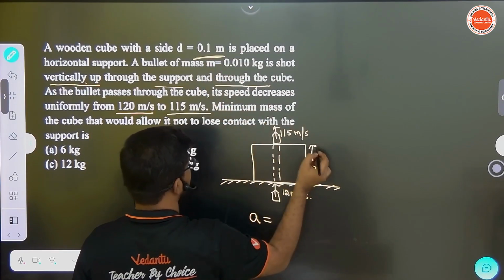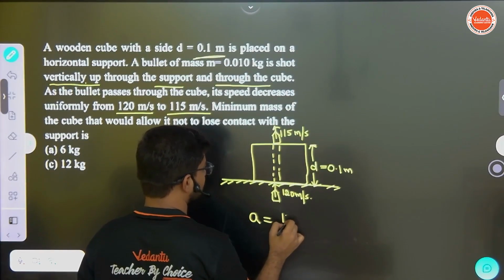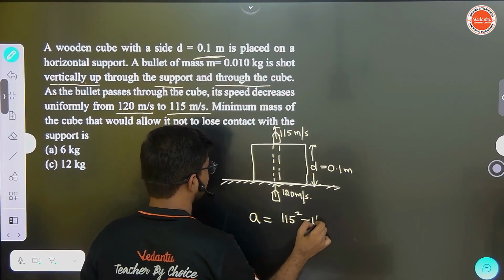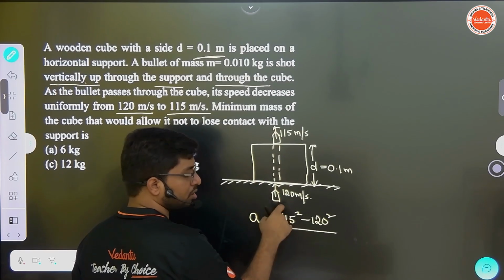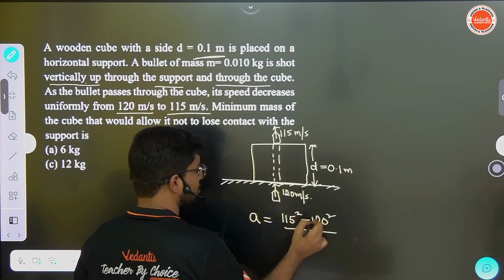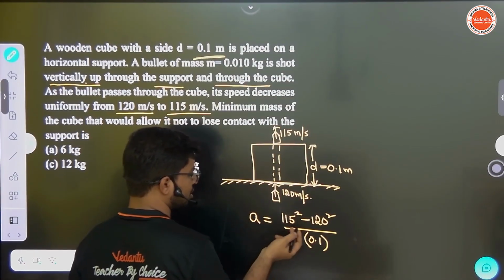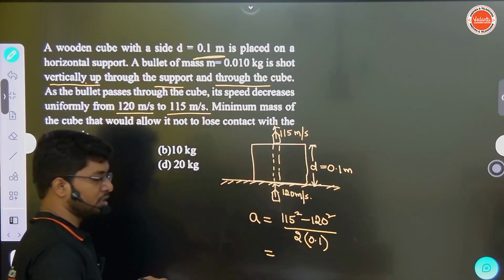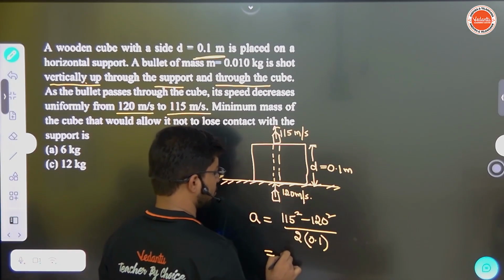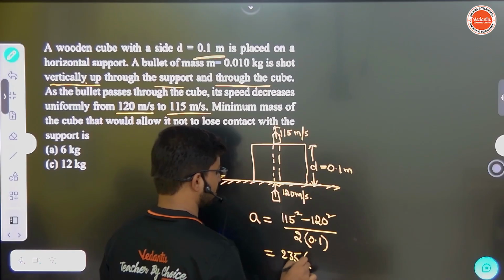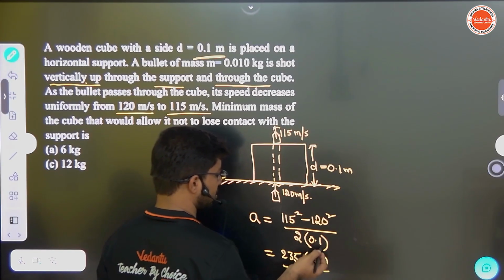Okay, they have given d equal to 0.1 meters. So this is equal to 115 square minus 120 square, v square minus u square, divided by 2 times 0.1, right? How much is this here? Apply a plus b into a minus b. This is 235 into minus 5 divided by 0.2.